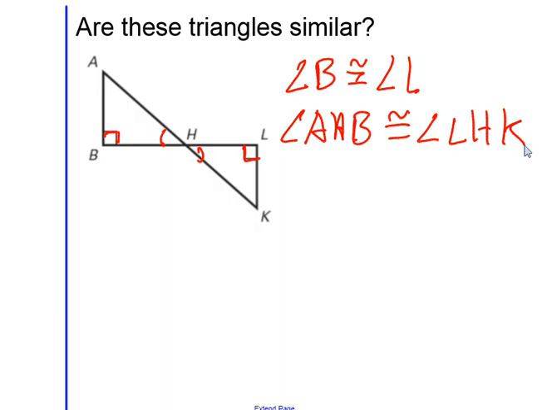And since two pairs of angles in both these triangles are congruent, that means that these last angles, angle A, has to be congruent to angle K.